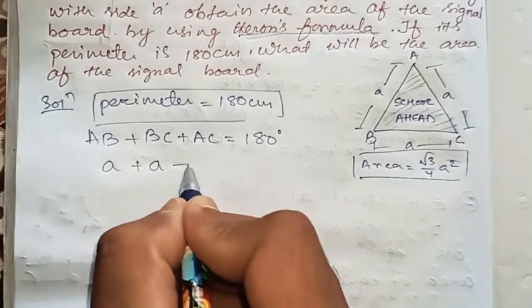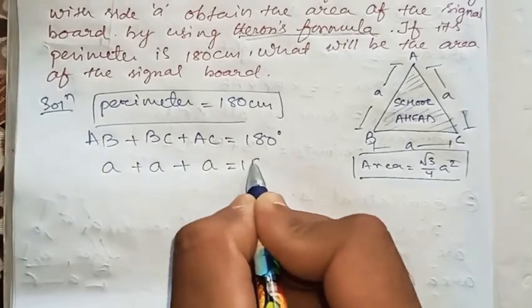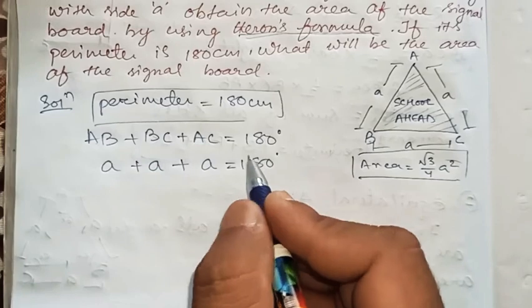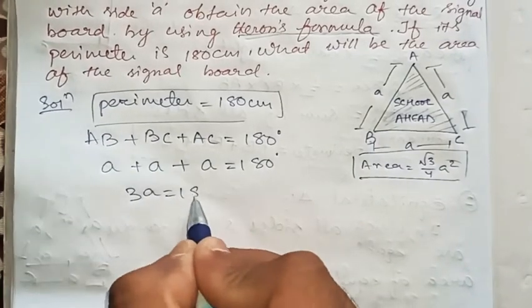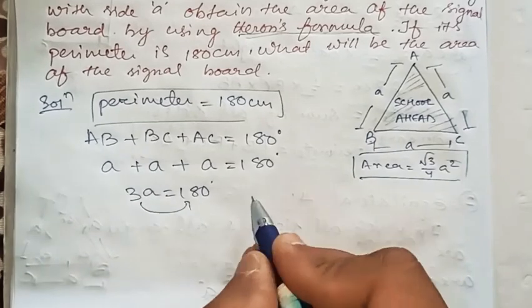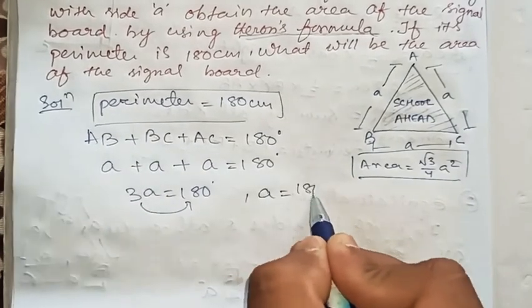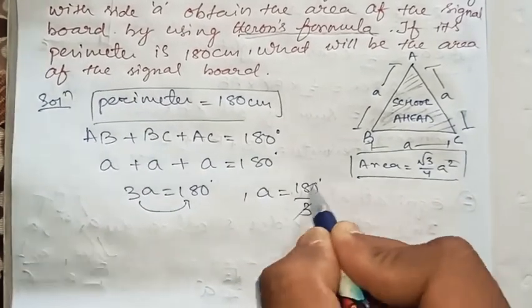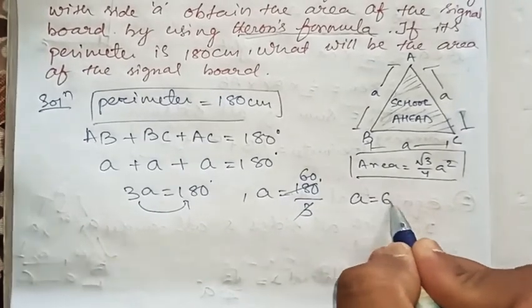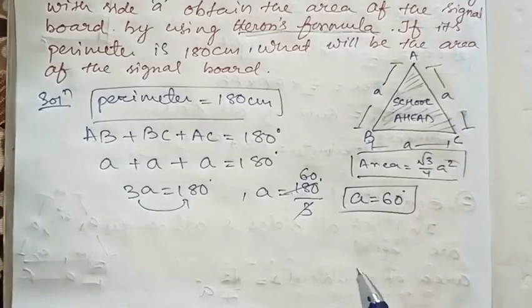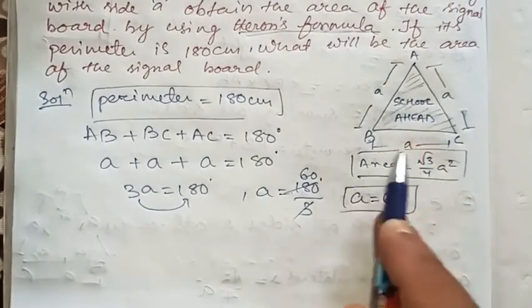What is BC? a. What is AC? a. All are equal because it is an equilateral triangle. a plus a plus a is 3a equals 180. Divide by 3. a equals 180 by 3, that is 60. How much did we get a? a we got 60 centimeter.